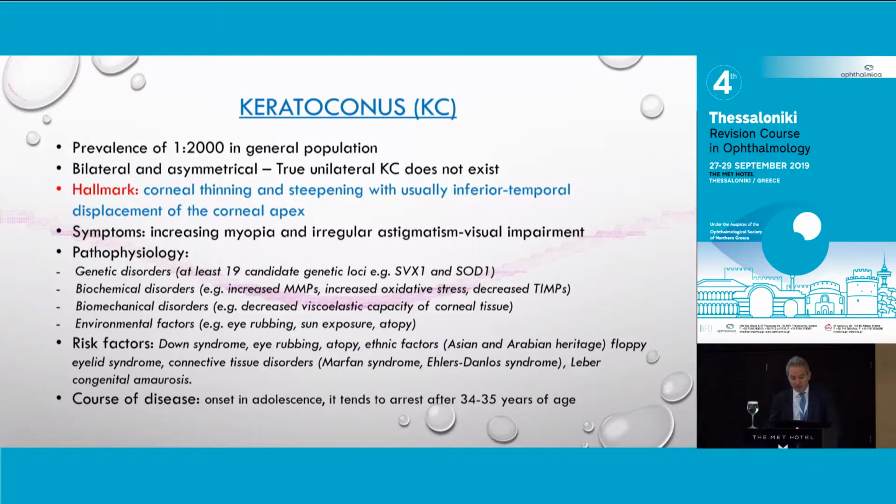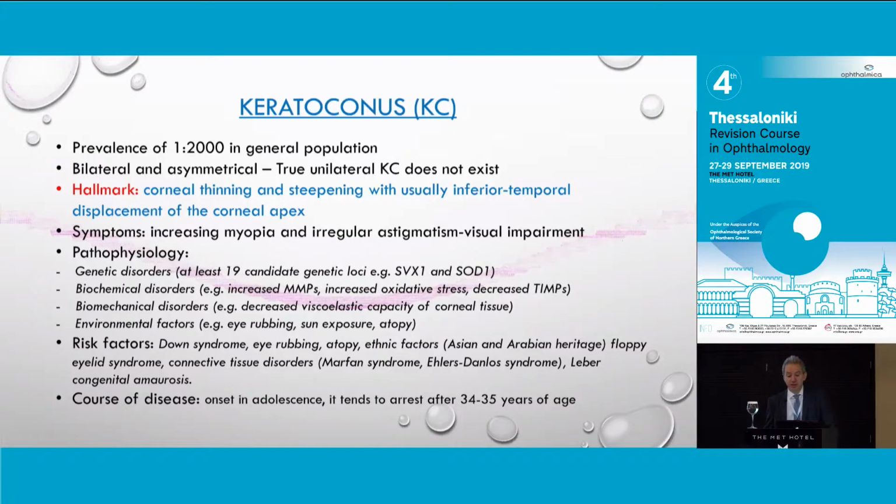Now, about progression patterns of keratoconus, we know that it's very aggressive in children. Typically, it tends to be clinically manifest in adolescents 13, 14, 15 years of age, but it's not unusual to see children 7, 8 years of age having keratoconus.